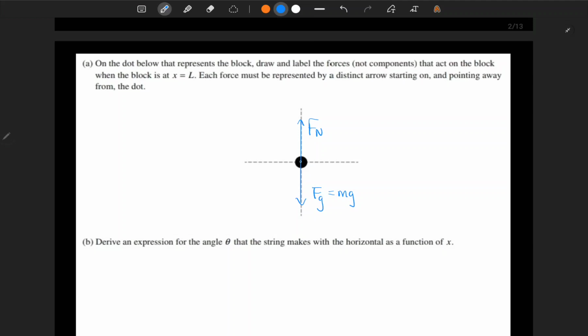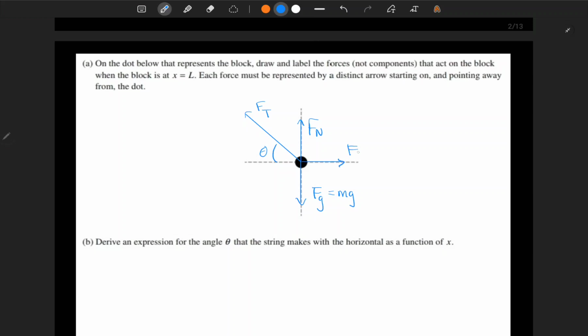Next, we have the tension force. This is pulling diagonally at an angle of theta. And we'll label this force F sub t, the tension force. Finally, we have the friction force. Since the block is moving to the left, the friction force opposes this movement, and so the friction force points to the right.